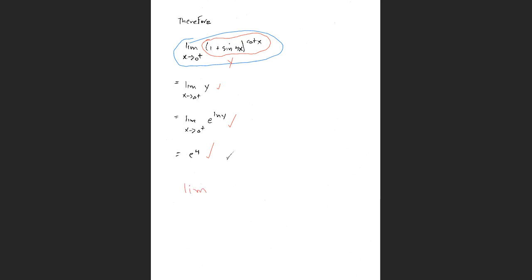And so amazingly, this is really amazing, the limit as x approaches 0 from the right of 1 plus the sine of 4x raised to the cotangent of x power.